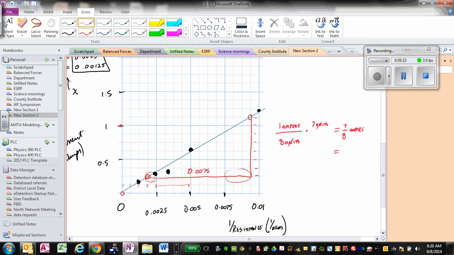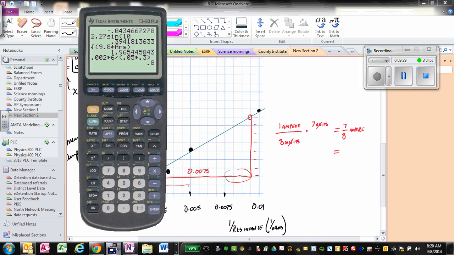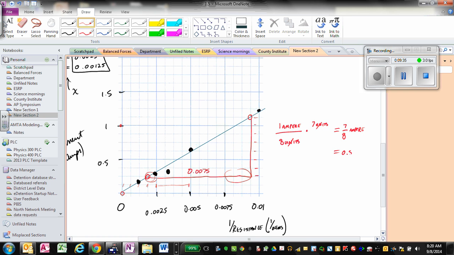And this is where you could go to your calculator to figure out what decimal 7/8 is. So that's 0.875 amperes. All right, now we've got our rise and our run.